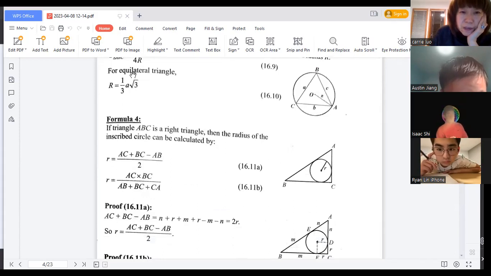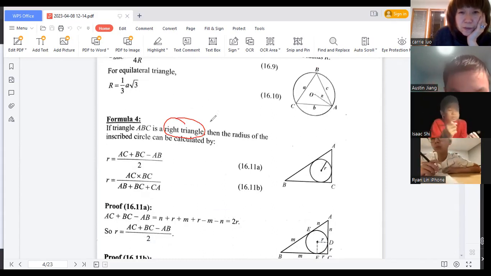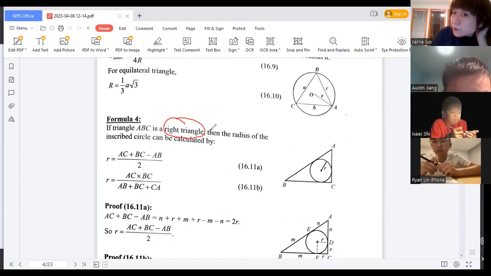If triangle ABC is a right triangle, then the radius of the inscribed circle can be calculated as the radius equals AC plus BC minus AB, divided by 2. But everybody, this is only true when triangle ABC is a right triangle.